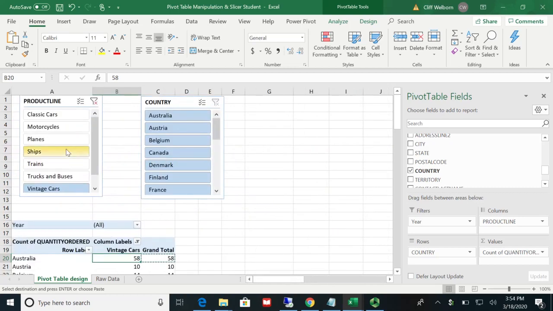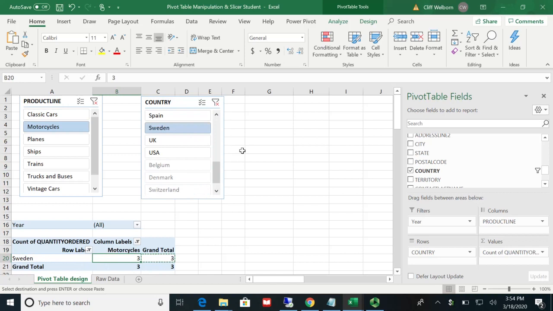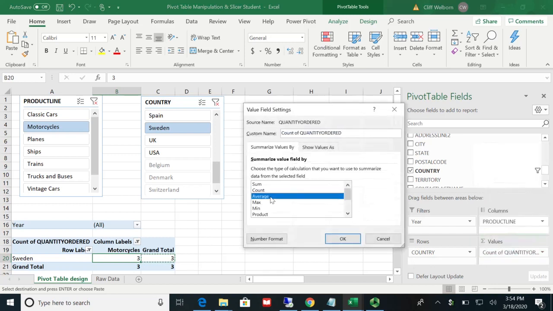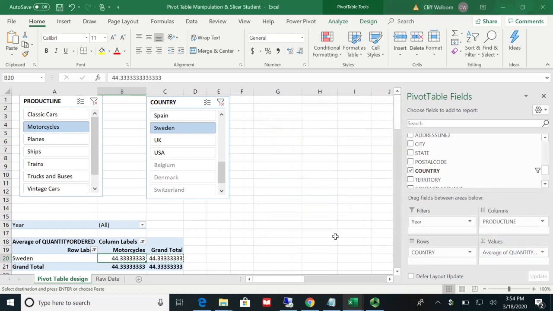So let's see if we can use our slicer here. We're only interested in motorcycles. We're only interested in Sweden. We've got to look at how our pivot table is created. They didn't ask us how many orders. We wanted to know the average.